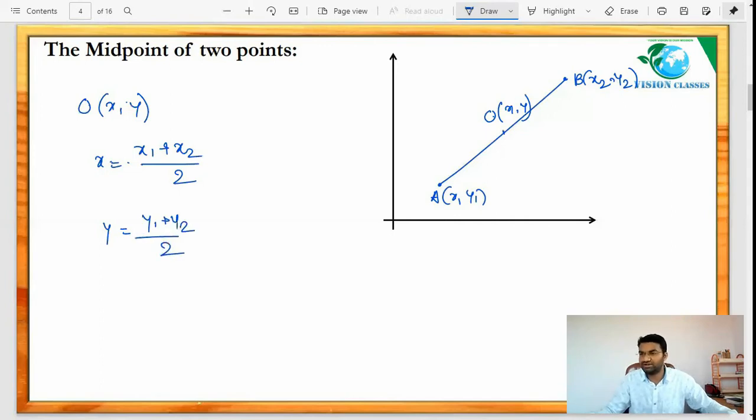Means the average of the x values and the average of the y values are the coordinates of O. Got it? It's the midpoint of AB.